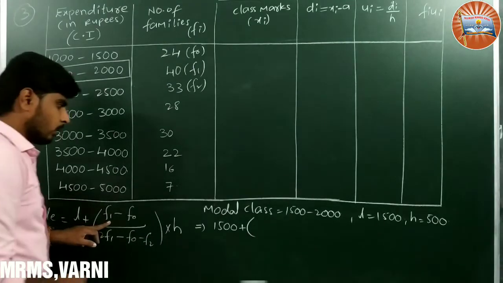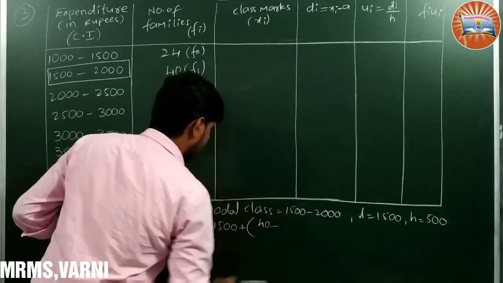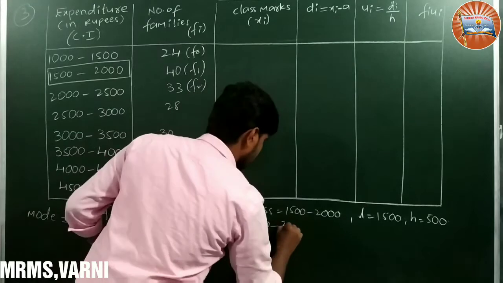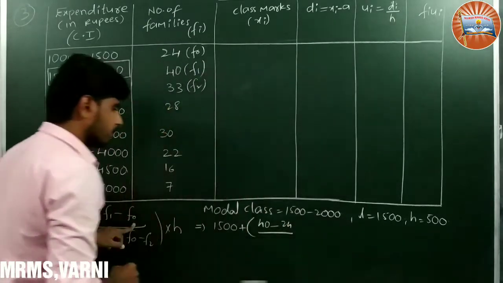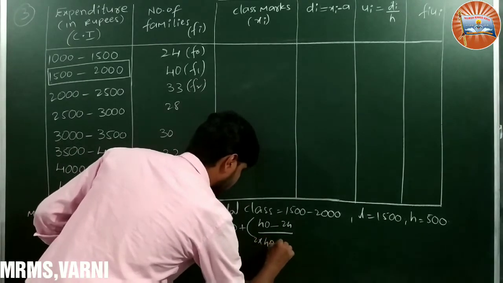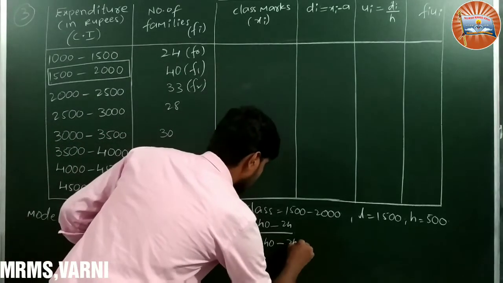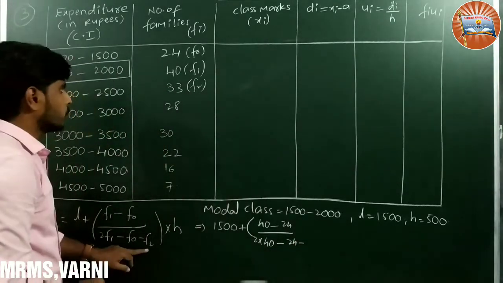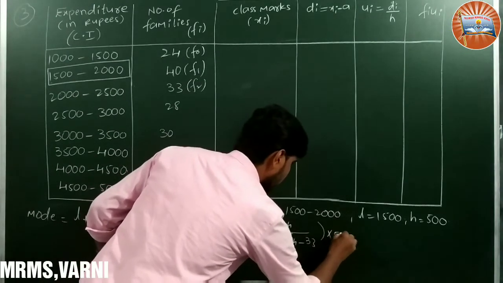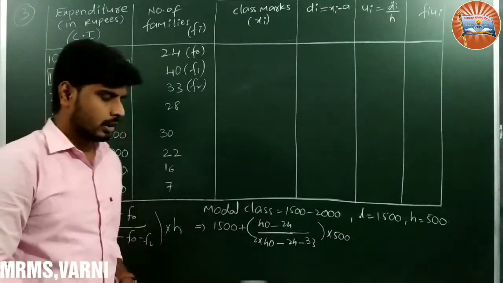What is the F1 value? 40 minus F0, nothing but 24, by 2F1, 2 into 40 minus F0, 24, minus F2, 33, into H. Now we have to simplify this.